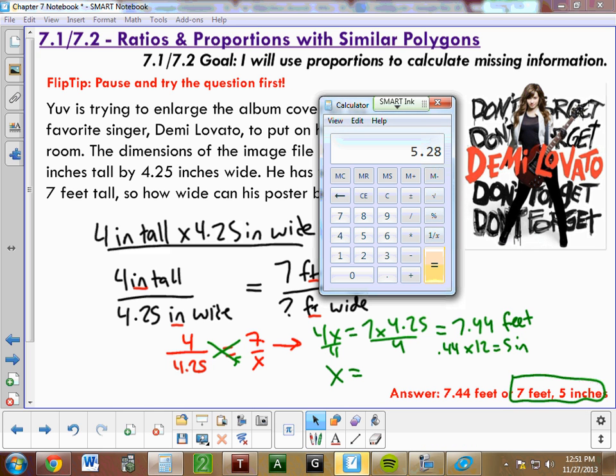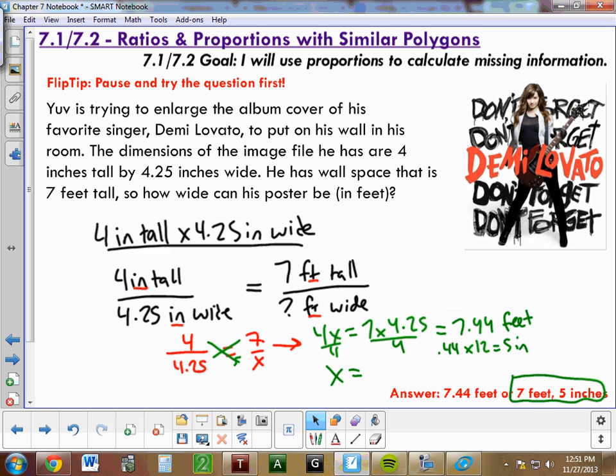It's a good tool to know, and I really should expect you to be able to turn this into a real answer that someone in real life would use. So it looks like Yu's poster would be 7 feet 5 inches wide for his wall. That's one example of how you can use a ratio and a proportion.